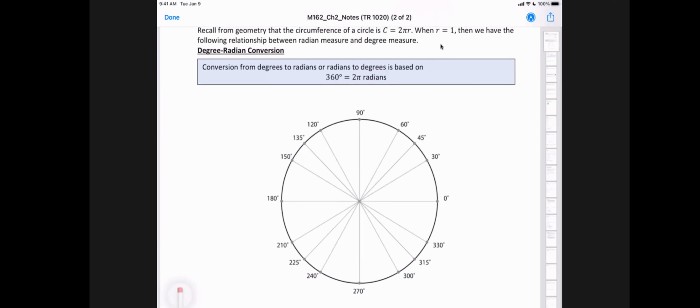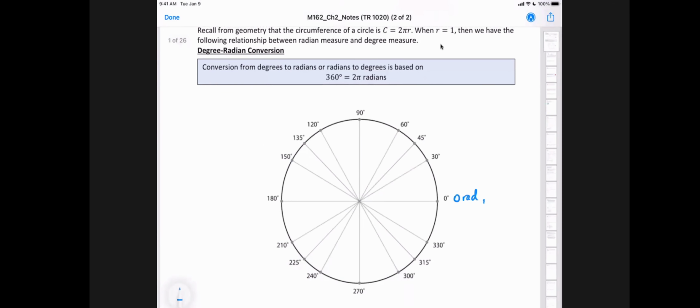Just like before, it's about cutting the circle into equal pieces and dividing pi by those equal pieces. So let's start where 0 degrees is, the same starting point, the initial side. It would be 0 radians. If we made one full loop around the circle in radians, that was 2 pi, right?